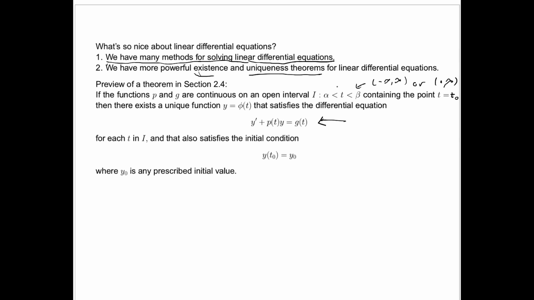If you have a first-order linear differential equation written in this standard form, notice in this standard form the coefficient of y prime is just 1.